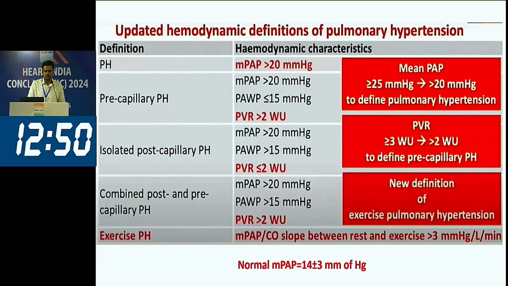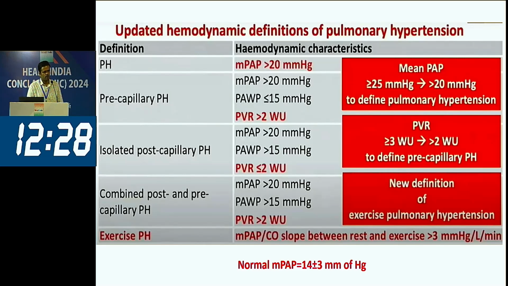As you all know, the definition of pulmonary hypertension is now a hemodynamic based definition, and the greatest change in the recent guidelines is the cutoff. Earlier it used to be more than 25 millimeters of mercury mean PAP, now it is 20. The other thing is the pulmonary vascular resistance. From 3 it has been brought down to 2. Why has it been done?